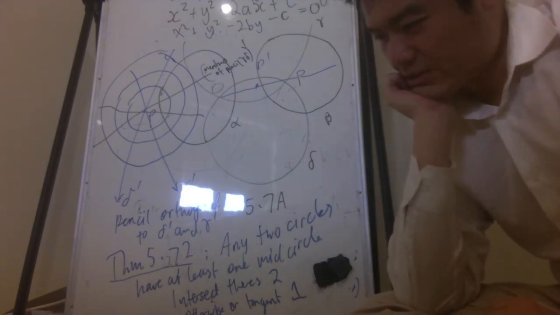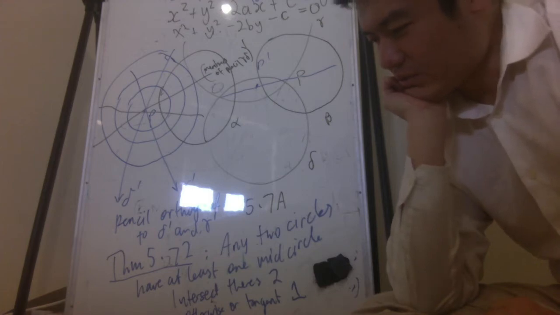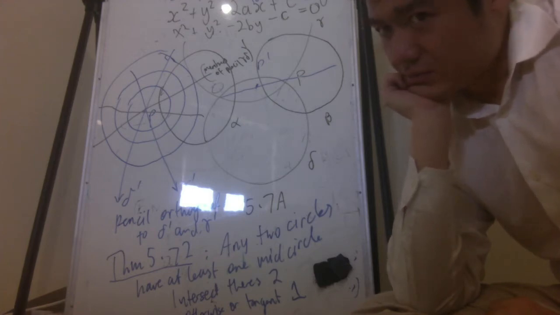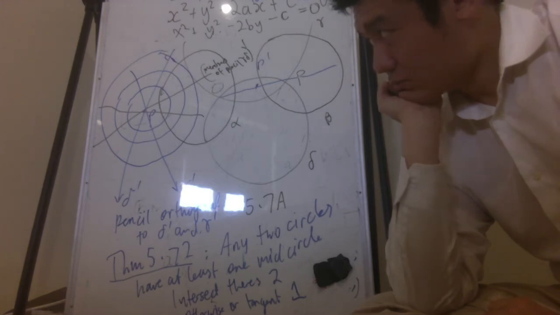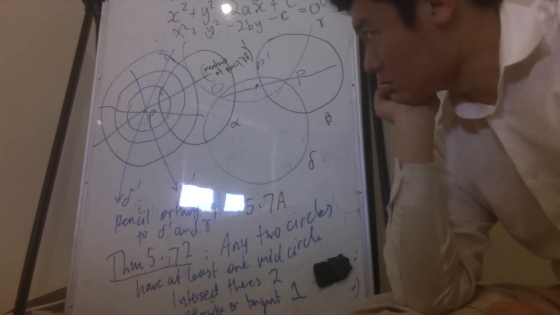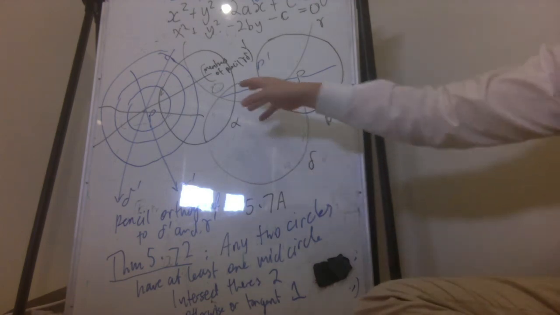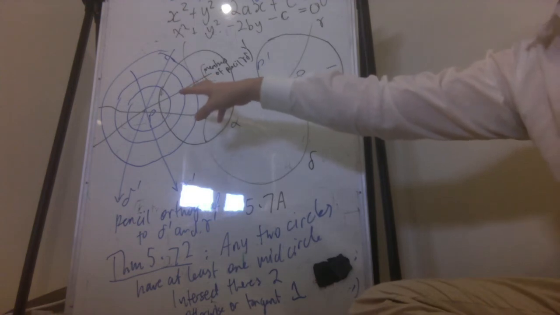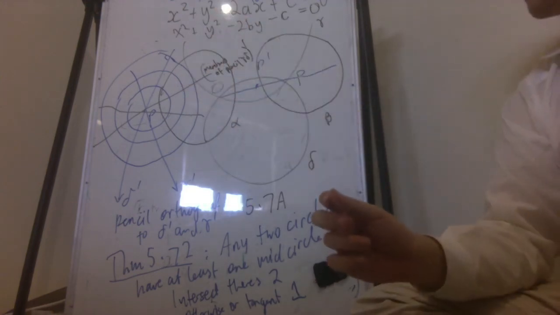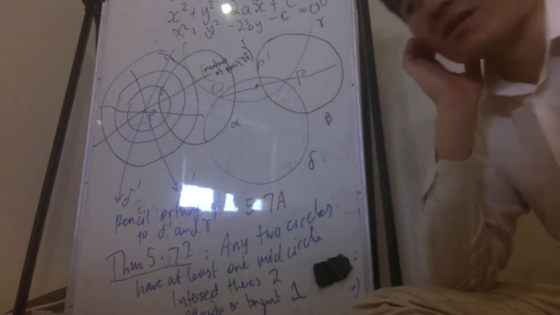Okay, so by changing the radius, it's just saying that if you change the circle of inversion, right, you still get concentric circles, but the radii are different, but the ratios are the same.